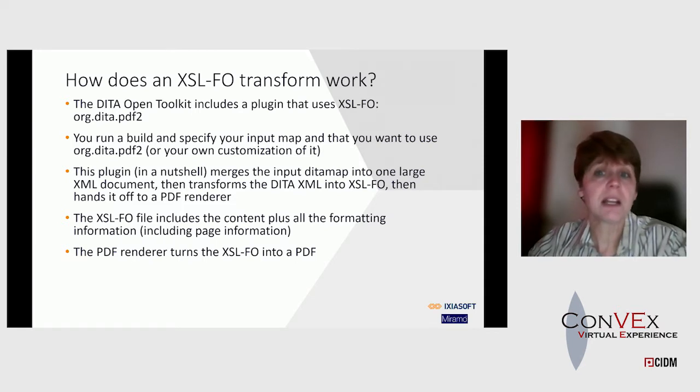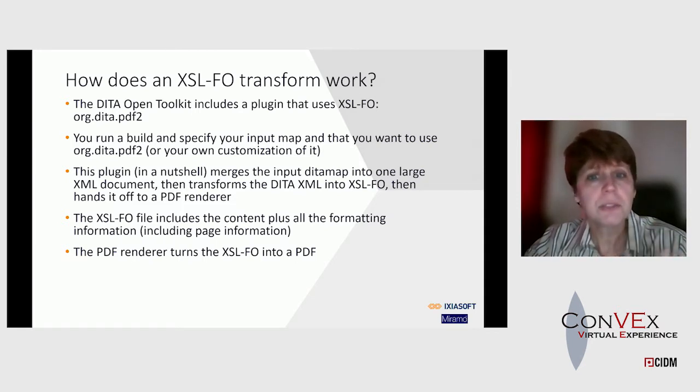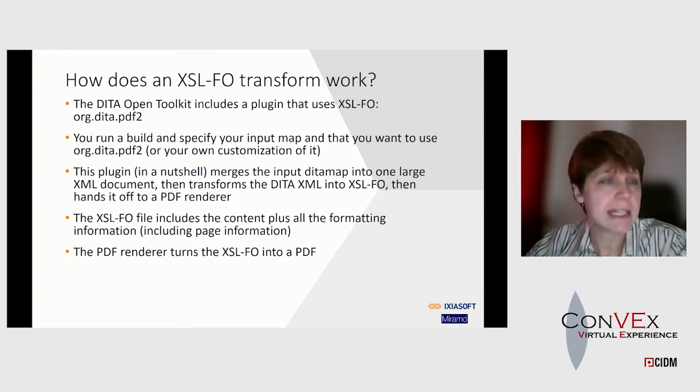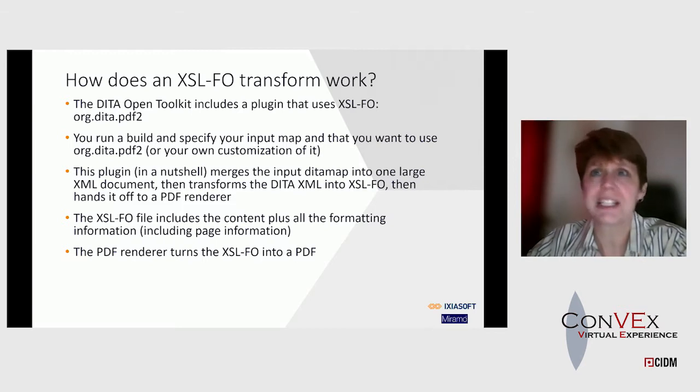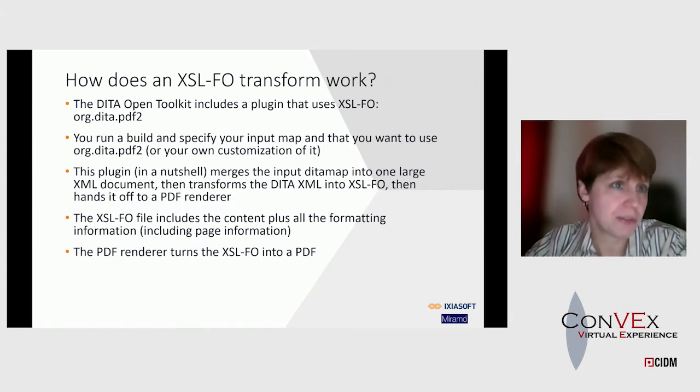Now, this XSL-FO file includes all of your content, but it also includes all of the formatting information. So fonts, font sizes, weights, colors, line heights, and so forth, all of the table specifications. It also includes the page information.